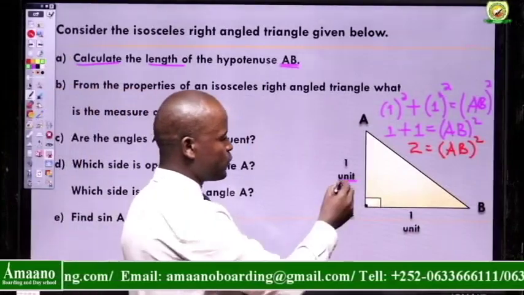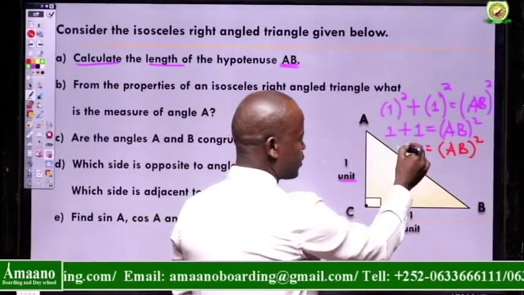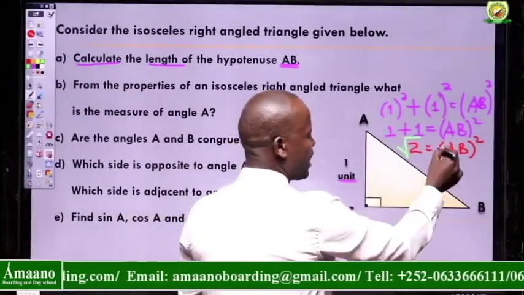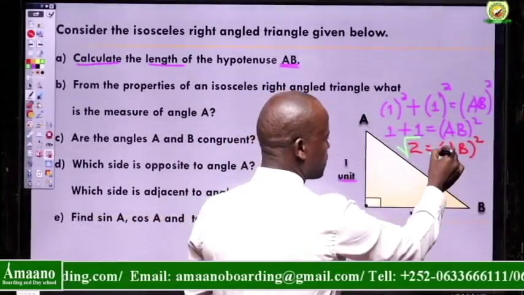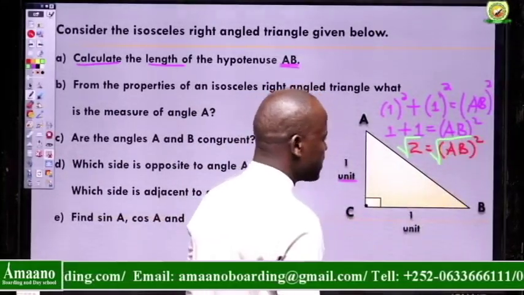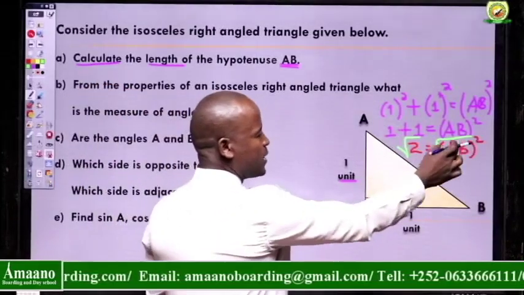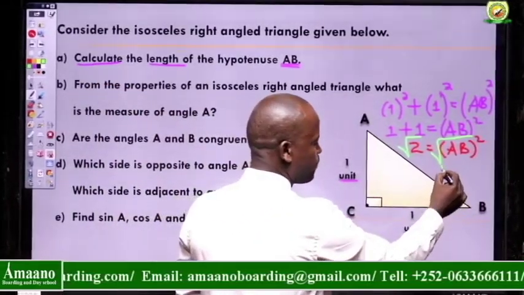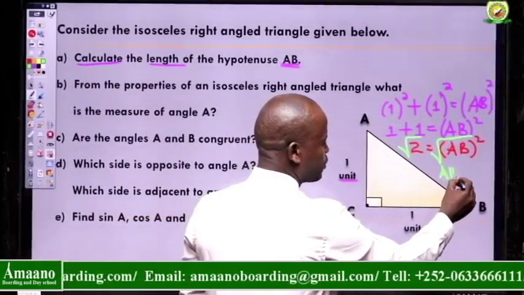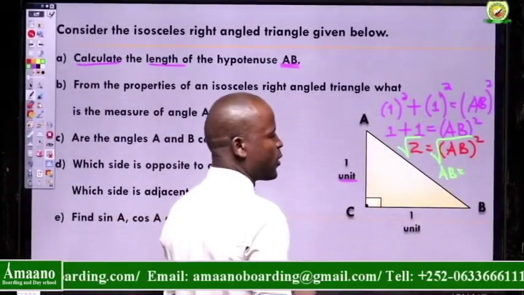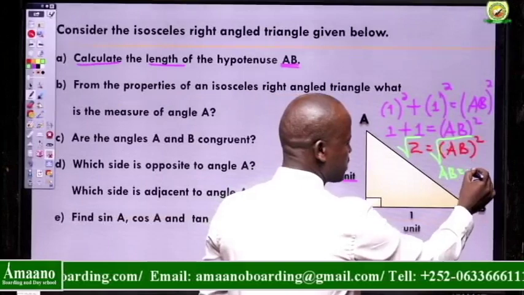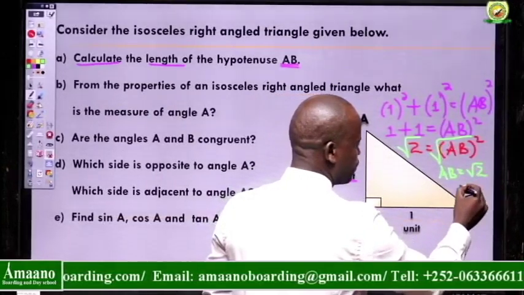We have 2 here, so it will be the square root of 2. Then we have AB squared, and the square root of AB squared is AB, which is equal to the square root of 2 units.